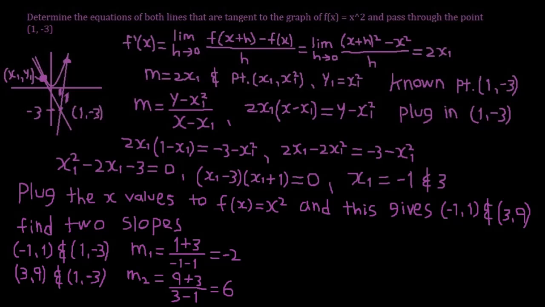Then what you have to do with these points? In a way there's 3 points, right? One is already the x and y value that's given, which is (1, -3), and the other 2 values. From these 3 points, you could essentially make the linear equation.